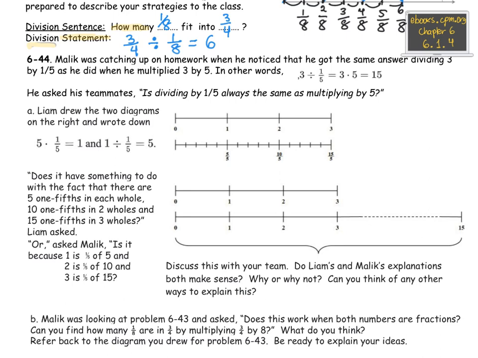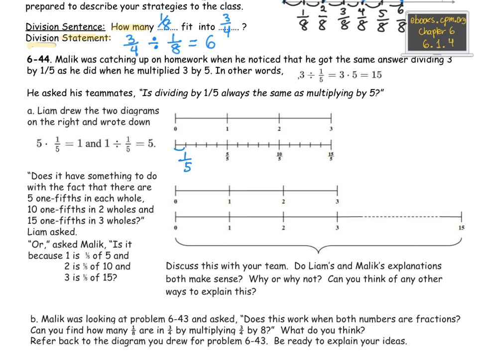So he noticed that 3 divided by 1/5, so there's a number line with 3, and looks like they are dividing by 1/5. So this little tiny piece is 1/5 right over here.